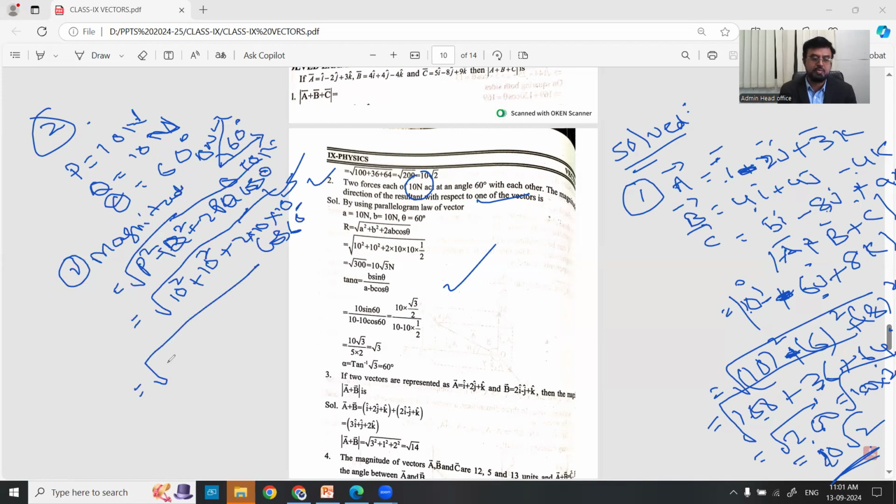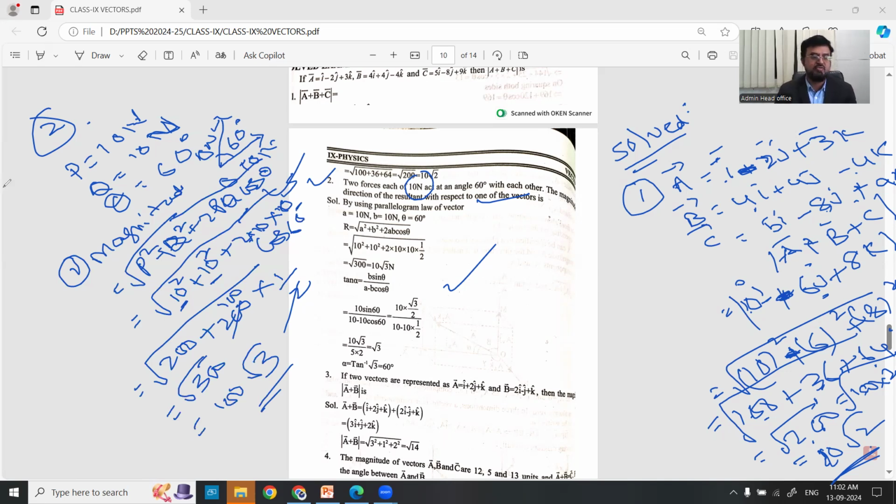So under root of 100 plus 100, 200, plus 2 into 10 into 10, 200, into 1 by 2, so it becomes 100. Totally we will get root of 300, that is equal to 10 root 3. This is the magnitude of the given data.